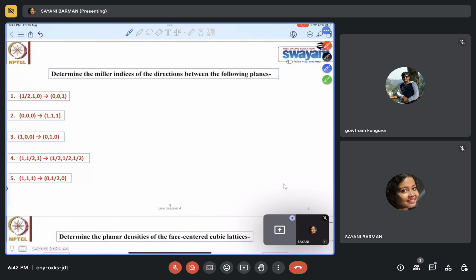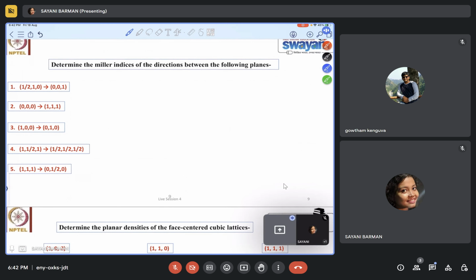The next one is from the week 4 I have taken. So the first question in the lectures is asked to determine the linear indices of the directions between the following planes.